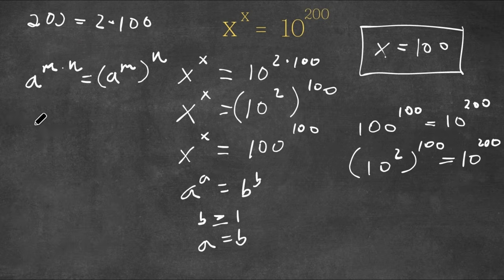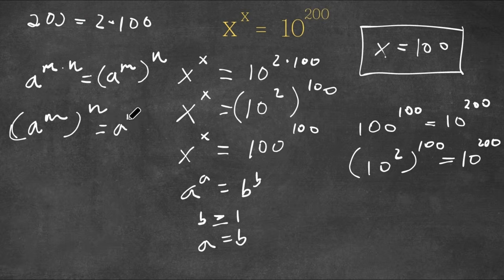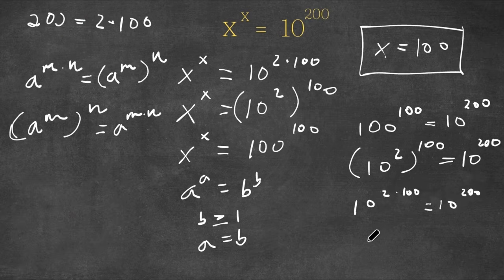And if I have something in the form a to the power of m to the power of n, this is equal to a to the power of m times n. So 10 to the power of 2 to the power of 100, this would equal 10 to the power of 2 times 100. And 10 to the power of 2 times 100 is 10 to the power of 200. So we have 10 to the power of 200 equals 10 to the power of 200. Because this is right, we know our solution is x equals 100.